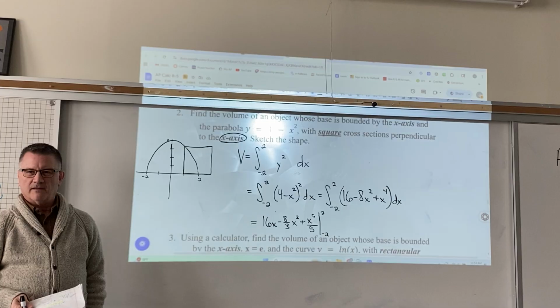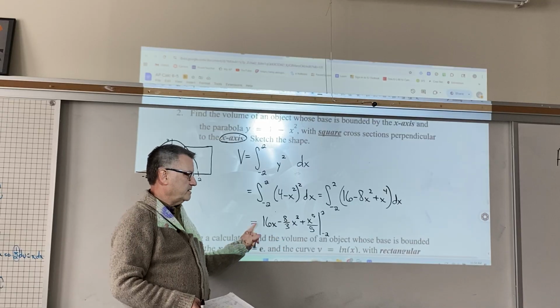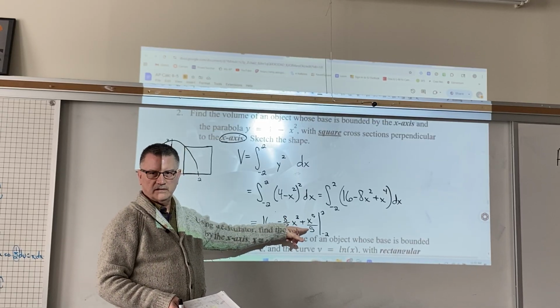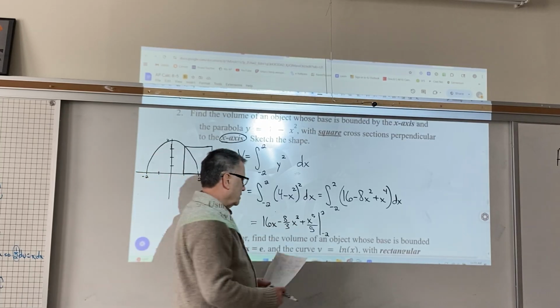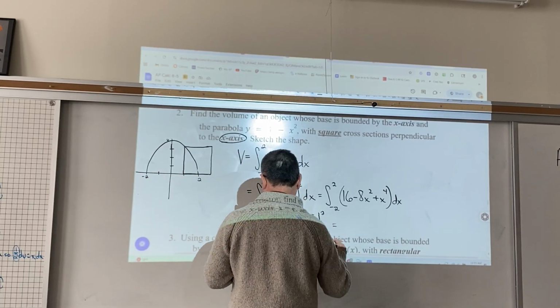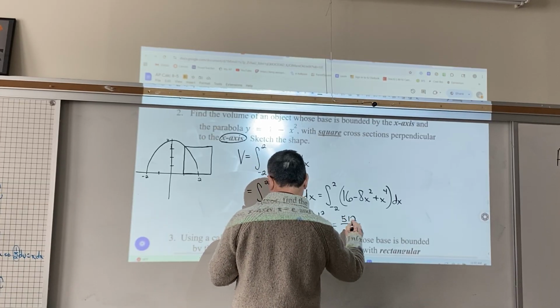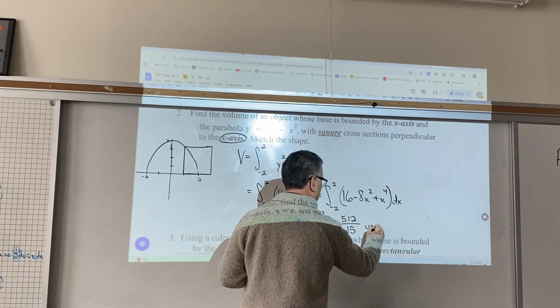Now, could we plug all that in? Do I need to plug all that in? Plug the 2 in minus plugging the -2 in? Are we okay with that? Can I just give you the answer? I'm going to give it to you in fraction, because I did it by hand. That's going to be 512 over 15 units cubed.